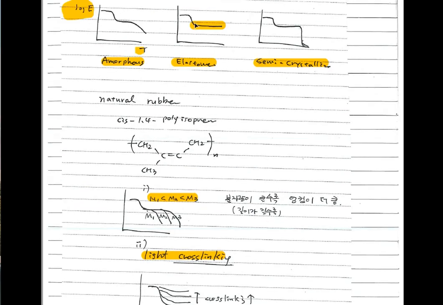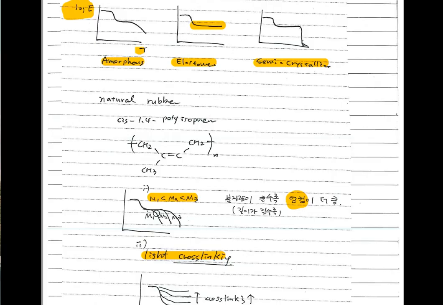This larger range of rubbery plateau means that these elastomers have elastic behavior like rubber. And that elastic behavior is based on cross-linking. Also, if you have higher molecular weight and more entanglement, then it will have more elastic behavior, right?